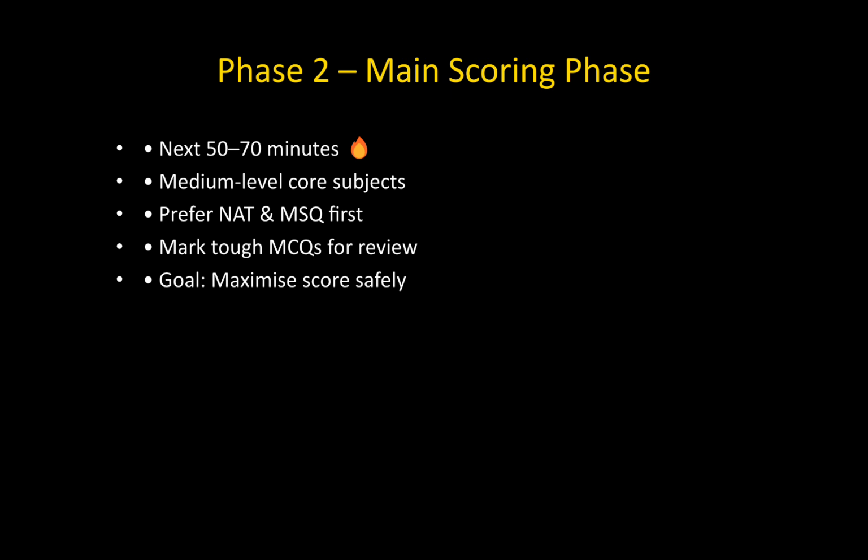And in this phase only, I used to prefer to solve numerical type and MSQ type of questions also. Since they don't carry negative marks, I used to try to minimize my negative score by solving them in phase 2 along with medium level core subjects.